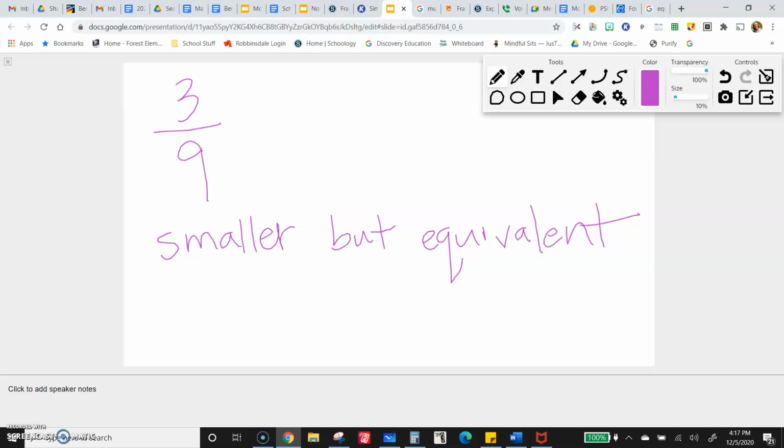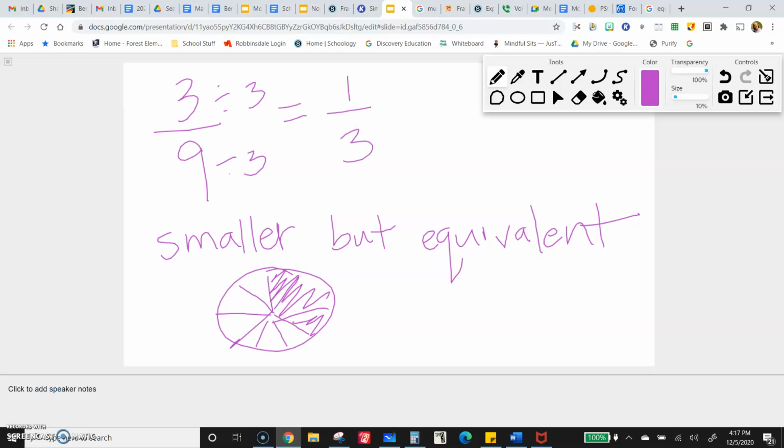So if I have 3/9, oh goodness, I'm going to embarrass myself now and try and draw a fraction. You'll see why I usually use pre-drawn pictures. Okay, sort of ninths. Sorry about my bad drawing. And I have 3 of them. Well, what is that the same as? Well, if I divide them both by 3, I can see that that is the same as 1/3.